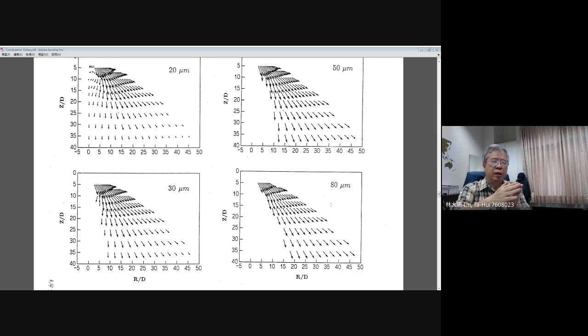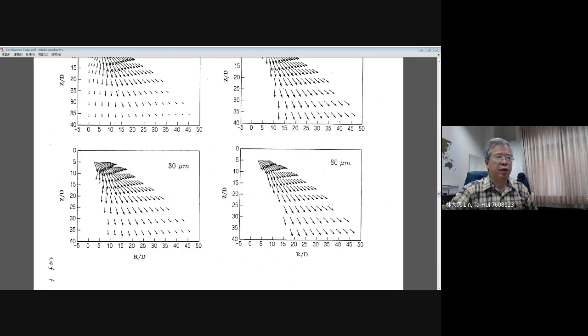Later on, the thickness of your spray cone will extend, and you will have more air entrainment. Therefore, the droplet velocity will become smaller, but the spray region will extend further downstream.